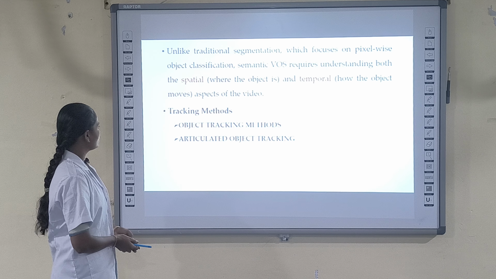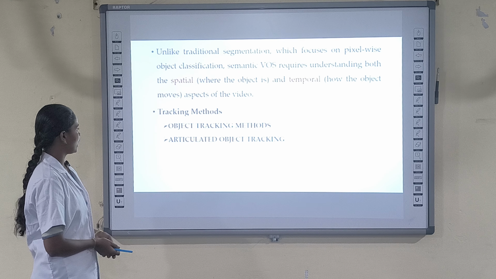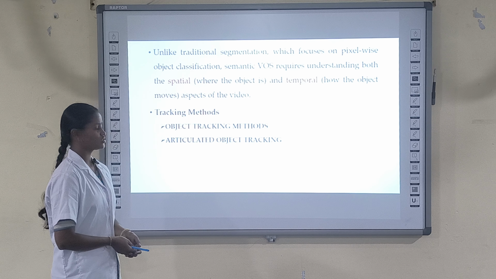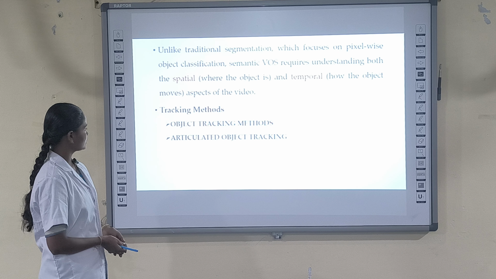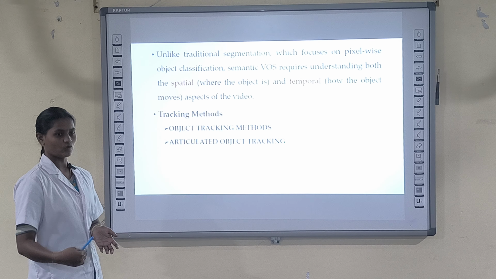So we use two techniques: object tracking methods and articulated object tracking. In the object tracking methods we use the ByteTrack technique, and articulated object tracking means each and every object is collected link-based, which is called the tree and node concept.